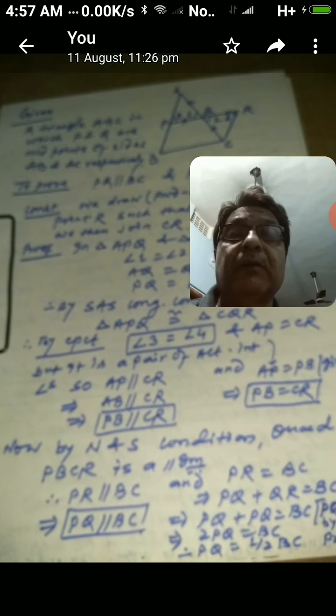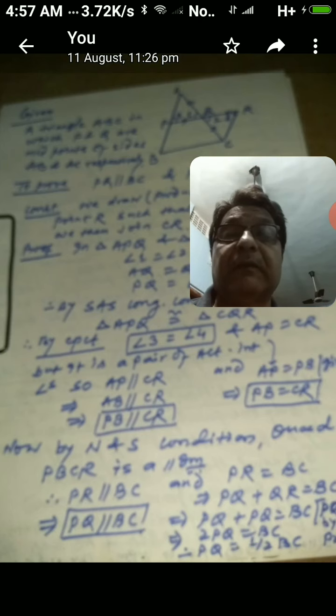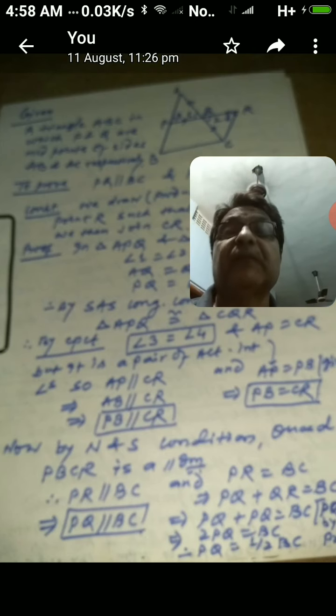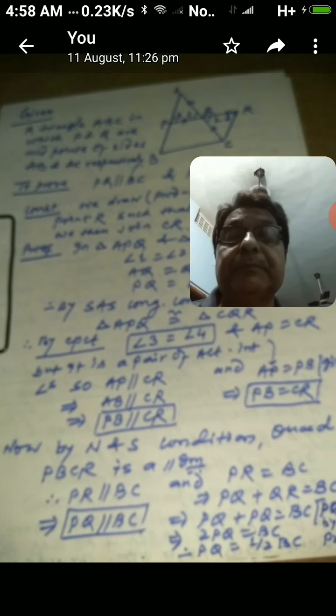So now PQ plus PQ is equal to BC, that is 2PQ equal to BC, hence PQ equal to half of BC. So this also proved the second part. So this is the required proof, and in this way we can prove what is called the midpoint theorem.